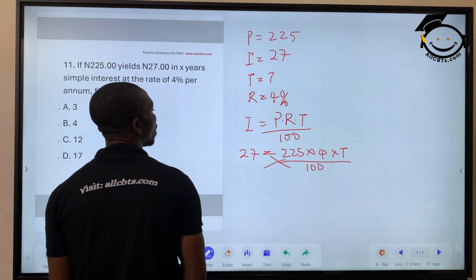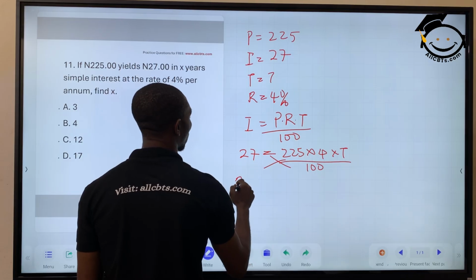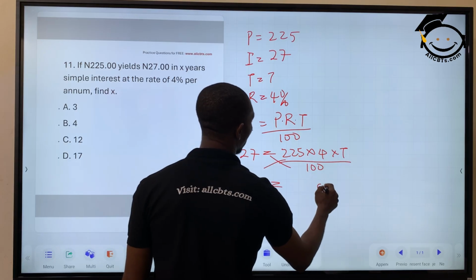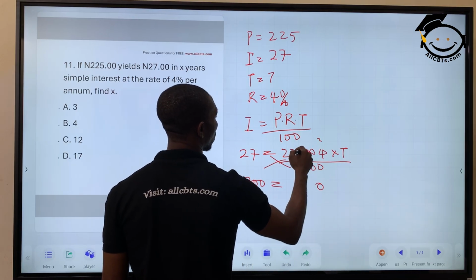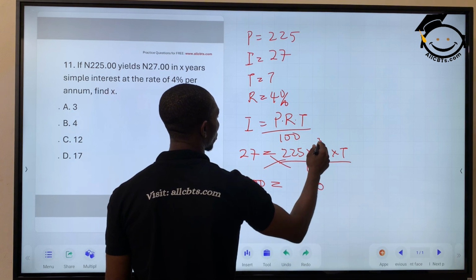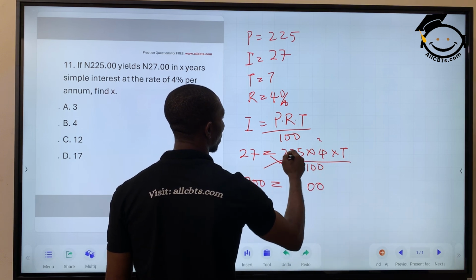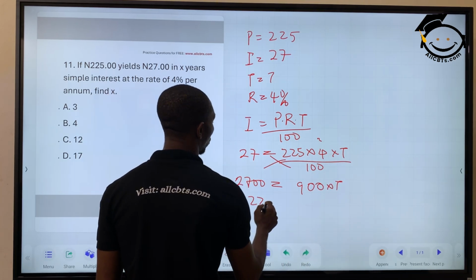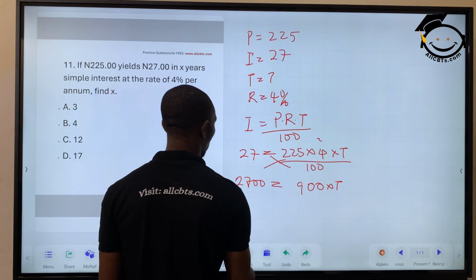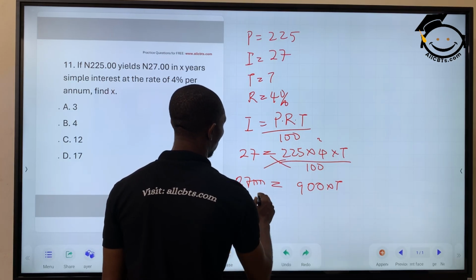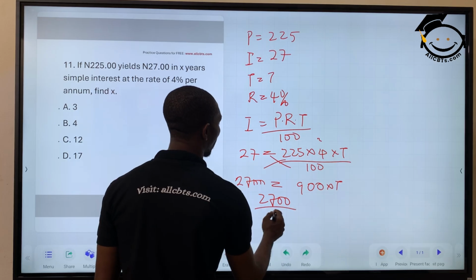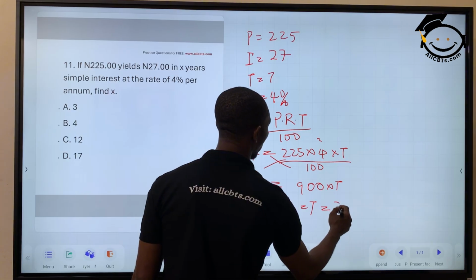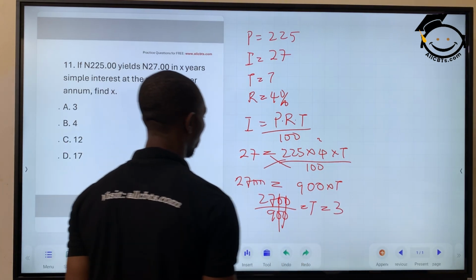So cross multiplying, this becomes 27 times 100 equals 900 times t. So 27 divided by 900 equals t. So t equals 3. So that would be 3 years, which is option A.